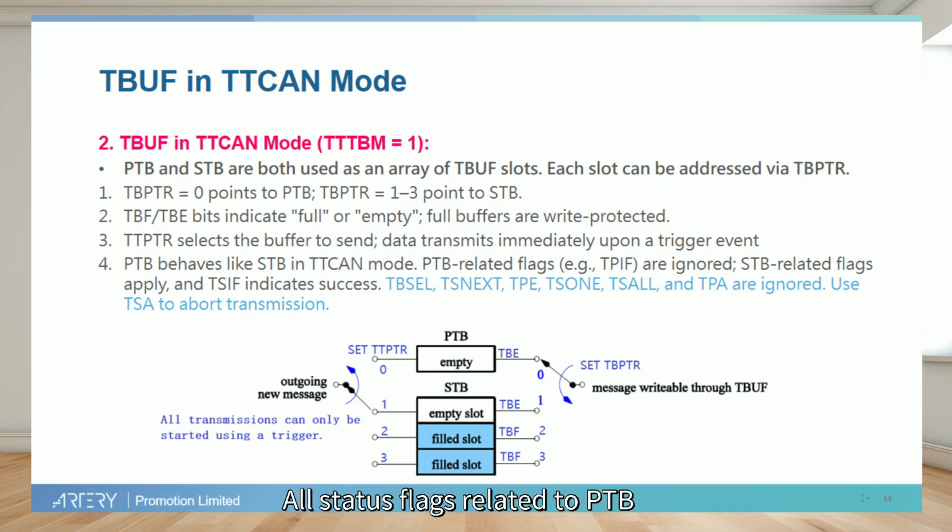All status flags related to PTB, such as TPIF, are ignored. Instead, STB-related flags like TSIF are used and will be set when the frame is successfully transmitted. TBSEL, SNEXT, TPE, TSONE, TSALL, and TPA are not meaningful in this mode and are ignored. To abort a transmission, you can set the TSA bit.